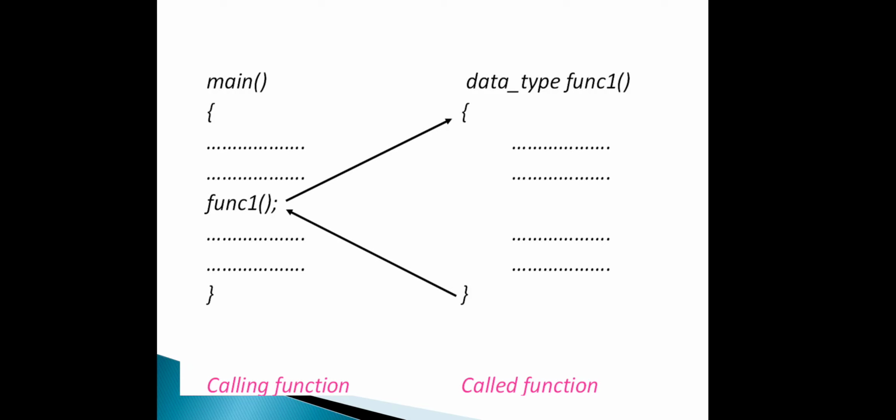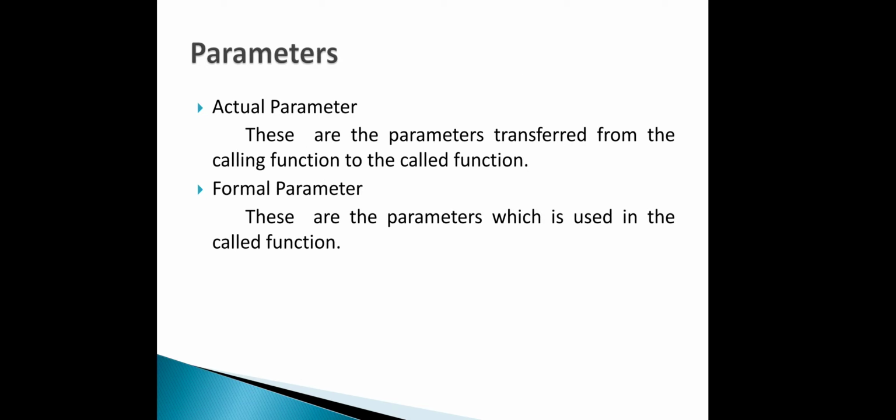After calling, the calling function is temporarily stopped. The called function will perform some computations according to your application, and then it will return the value to the calling function, that is, the main function section, right?